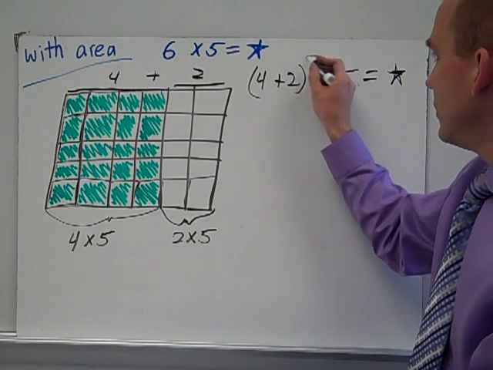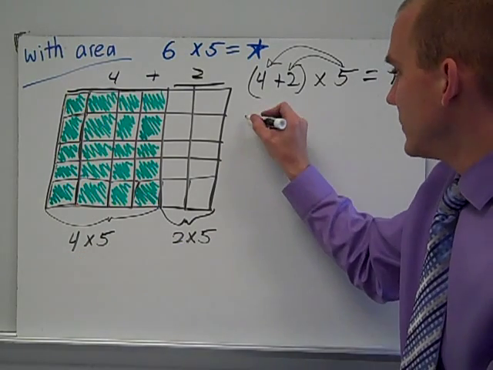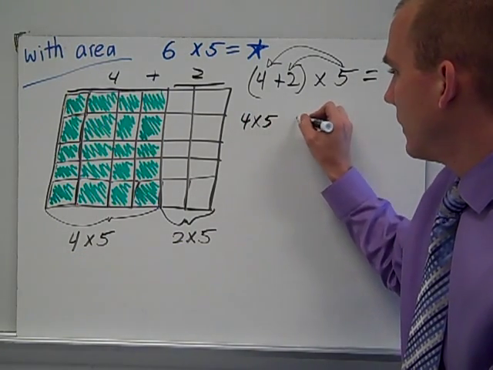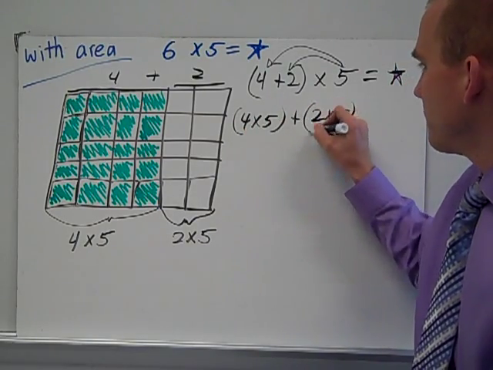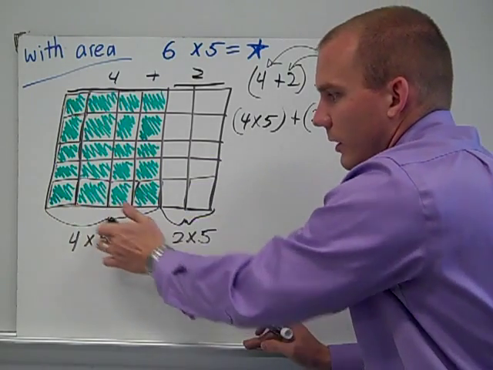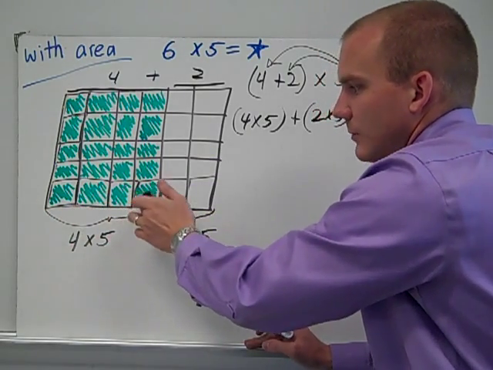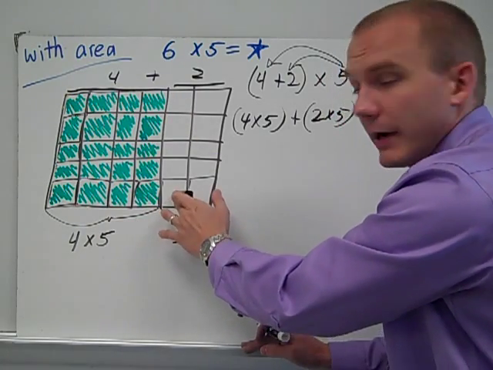Well, then I can distribute the 5 and have 4 times 5 plus 2 times 5. And again, in the picture, I'm finding how many blocks are here by doing 4 times 5 to figure out how many green blocks, and then 2 times 5 to figure out how many white blocks.